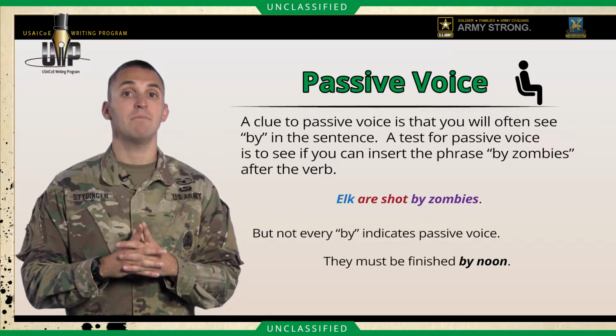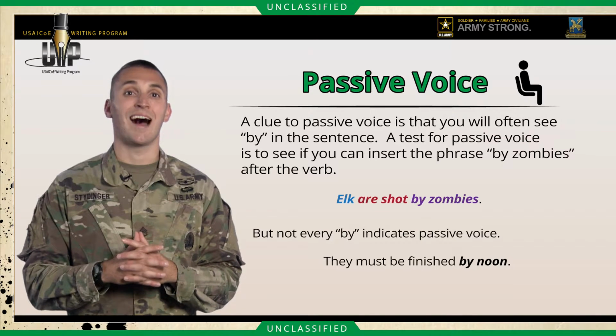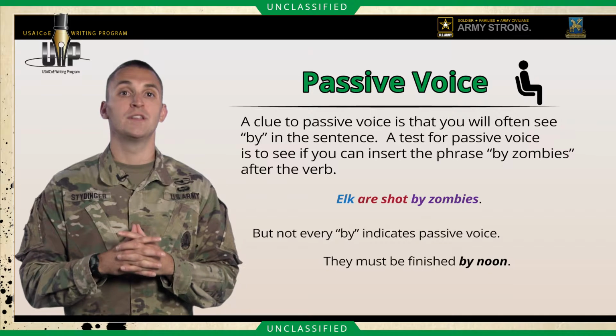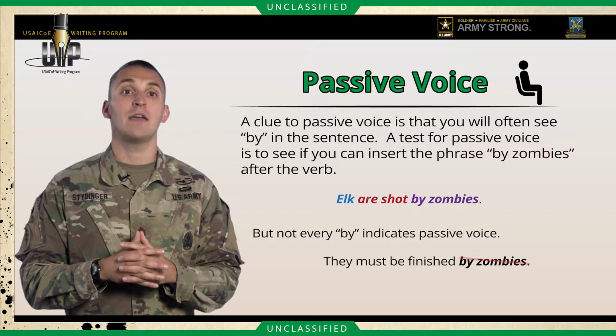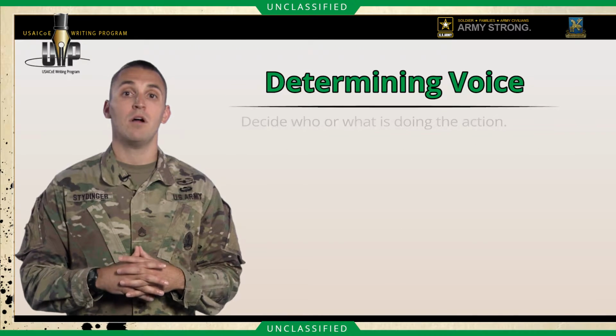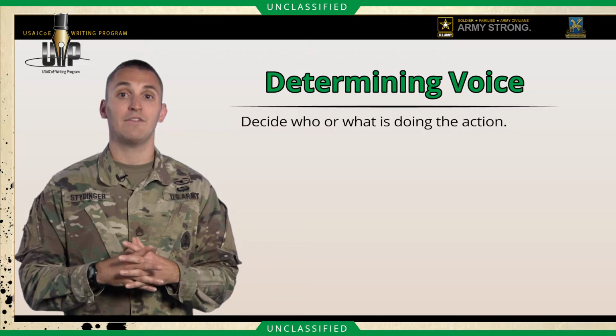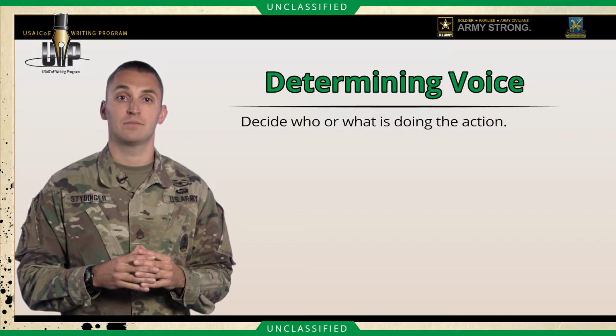Example, they must be finished by noon. Active, because noon is not doing the finishing, and noon is not doing anything to they. And you can't say, they must be finished by zombies. When we talk about voice, after identifying the verb, we are looking at who or what is doing the action.